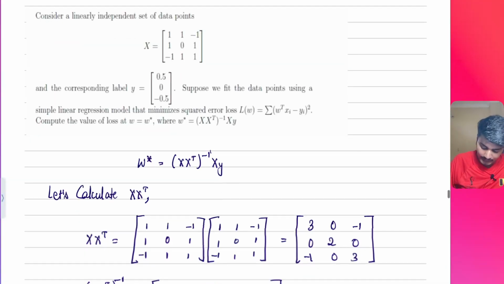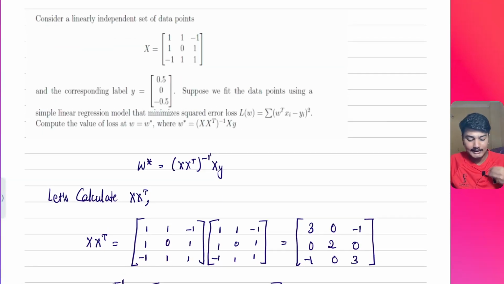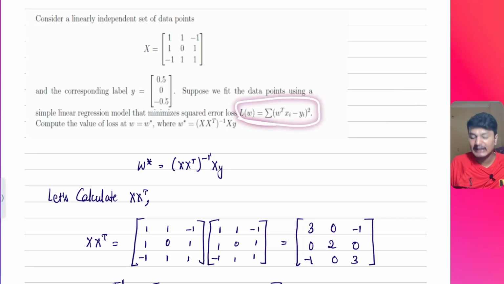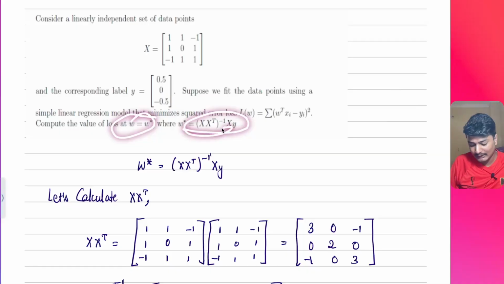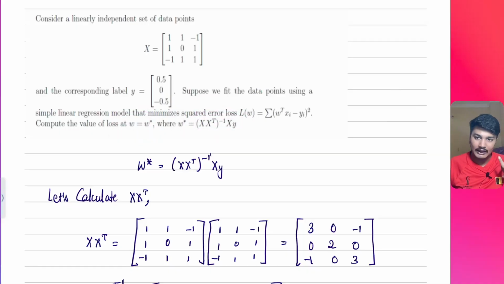Now, next question. Consider a linearly independent set of data points. This is given and the corresponding labels are given. Suppose we fit the data points using a simple linear regression model with the square loss given as this. So this is our loss component, and we have to compute the value of the loss. So basically we have to find the value of L(W) where our weight vectors are given as this. Let's first find the weight vector.